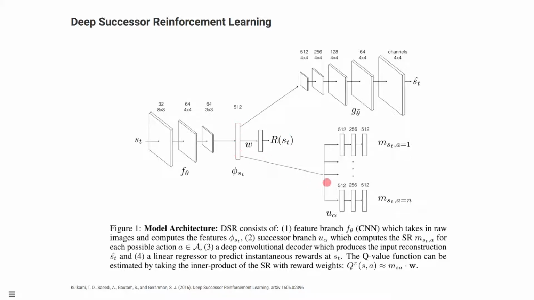And then for all actions which are available in your problem, for example, going left, right, up, down, you have 4 branches, so 1 branch per action, where you are going to predict the successor representation after being in that state and taking that action. So which features, in terms of latent representation, am I going to see if I'm here and take this action?